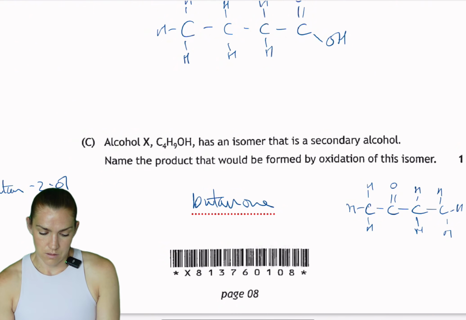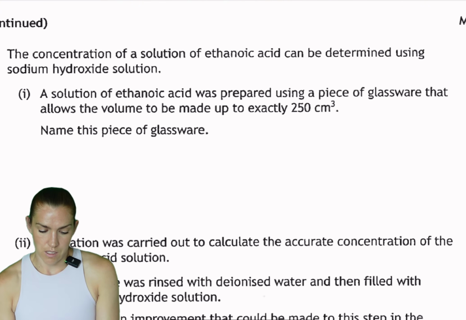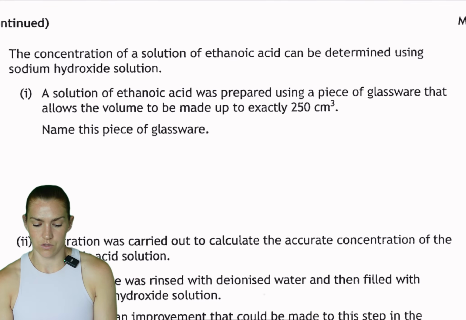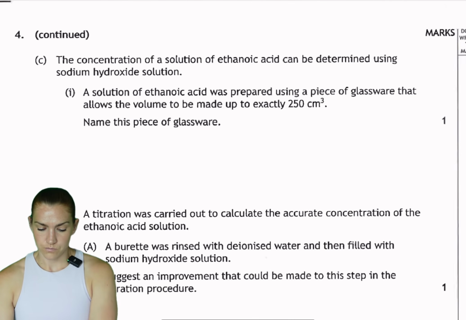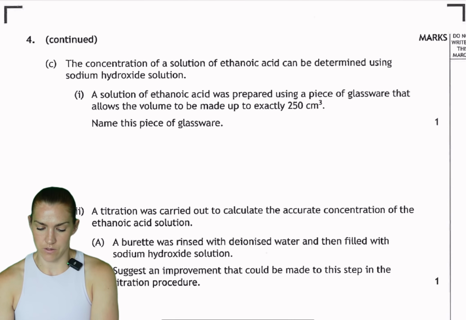So then for C, the concentration of a solution of ethanoic acid can be determined using sodium hydroxide solution. A solution of ethanoic acid was prepared using a piece of glassware that allows the volume to be made up to exactly 250 centimetres cubed. Name this piece of glassware.